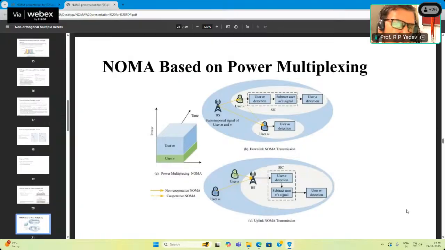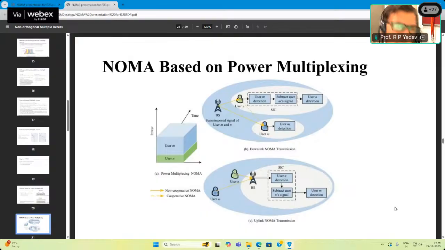The base station, in this graph, is superposing all the signals together, being sent to the users. So if you have user m and user n, let us say user m is far off and user n is nearby.